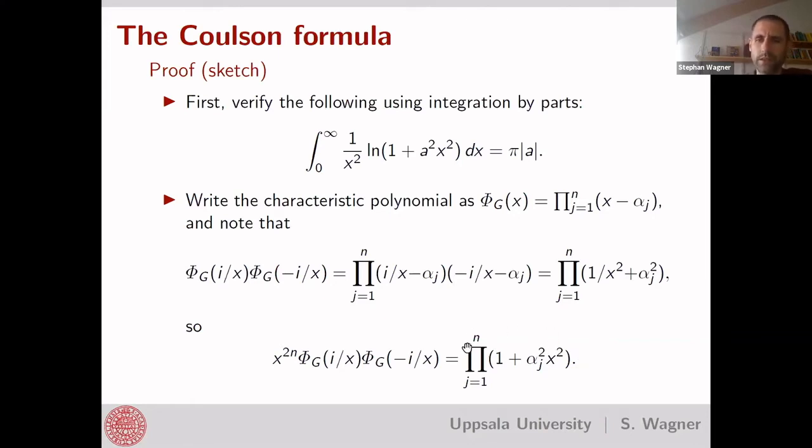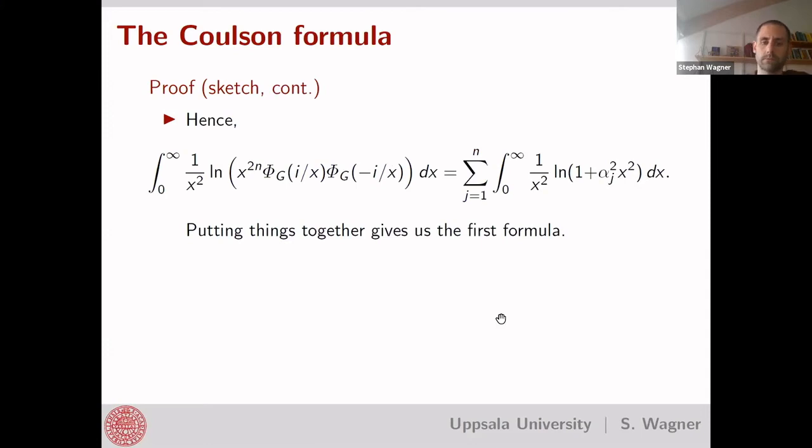Okay, now looking at this product, this already kind of resembles the thing here. So it remains to take the logarithm, which also turns the product into a sum. So that's certainly good news for us. Product becoming a sum means that the integral that I started out with becomes a sum of integrals of things like this.